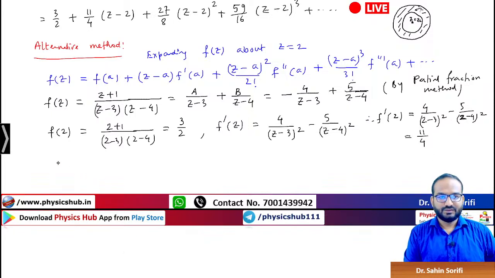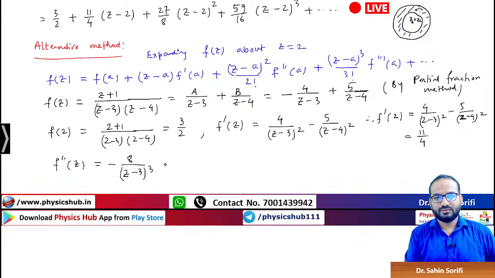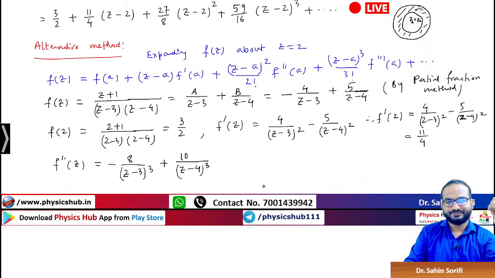So f double prime of z you require. Taking the derivative of this function again, minus 8 by z minus 3 cube plus 10 by z minus 4 cube. Clear?